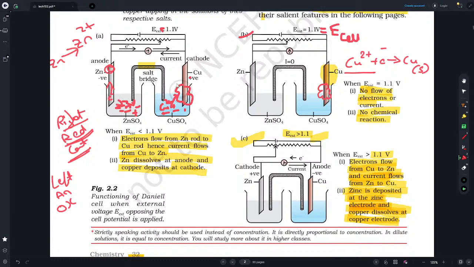These electrons will move. This is what creates the current. And this is the left side, conventionally represented on the left side in a cell, anode and oxidation, left and ox. These are the remembering methods.